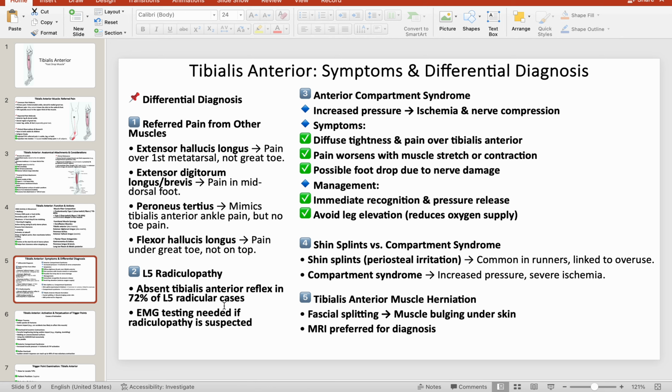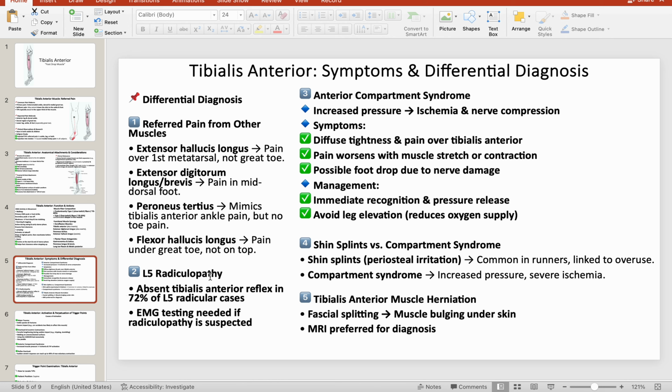So anyone that comes in with gout-like symptoms or any hallux pain, you have to look at these two muscles, flexor hallucis longus and tibialis anterior. These are other muscles that can be involved in addition to the tibialis anterior.